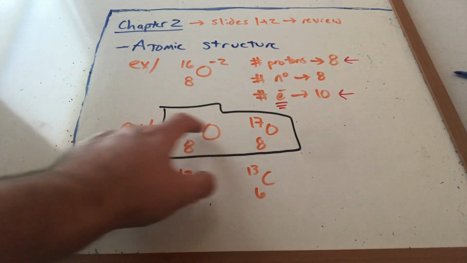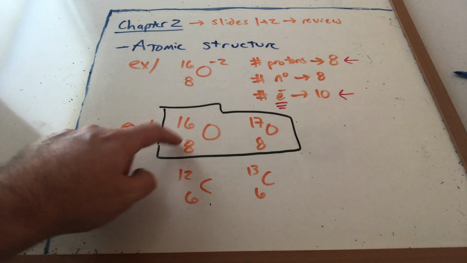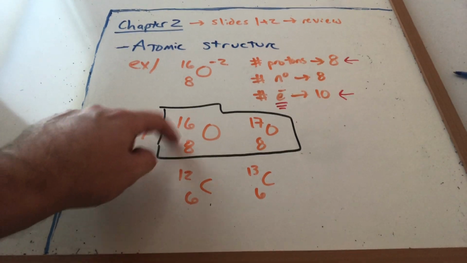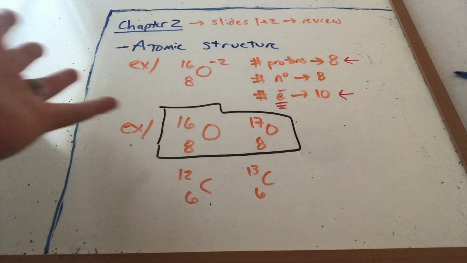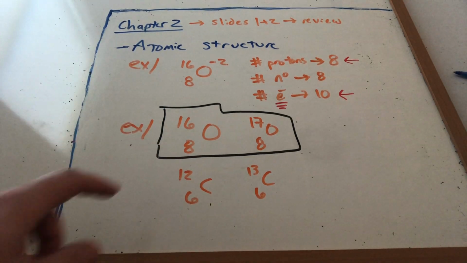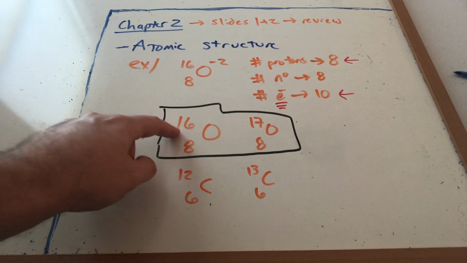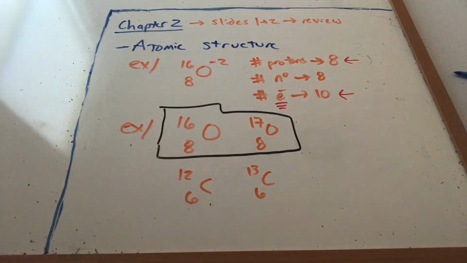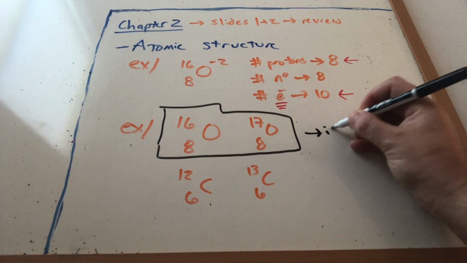Whenever we have these species that are exactly the same, they'll behave the same chemically, because the number of protons determines the chemical behavior. That's why we get this symbol O no matter what. When we have 8 protons, they'll behave similarly chemically, but they have a different mass. Different mass because different neutrons. We call these isotopes.